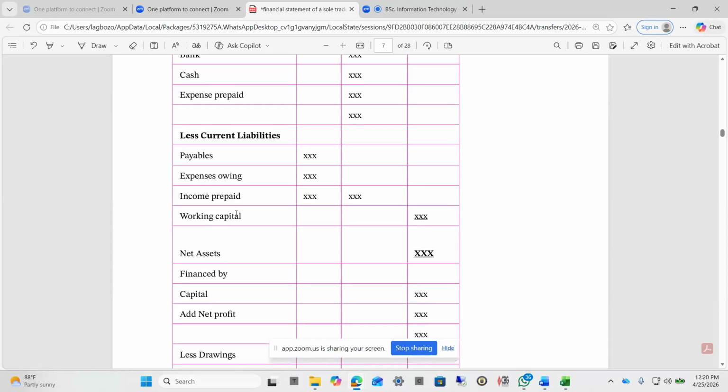They receive what we call dividend, their share of profit. But debenture holders are loan givers. They receive a percentage interest on their loan. Is that okay? Yes, sir.